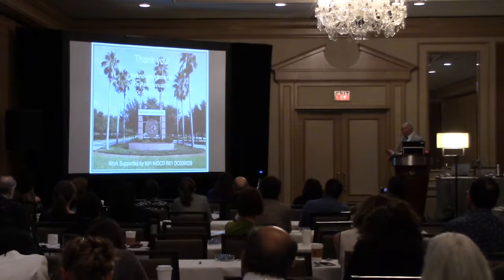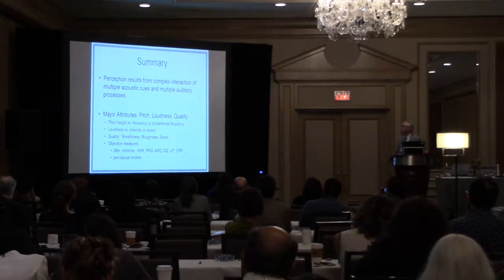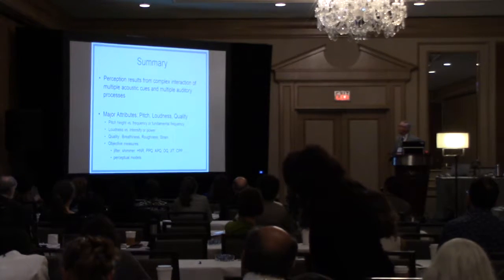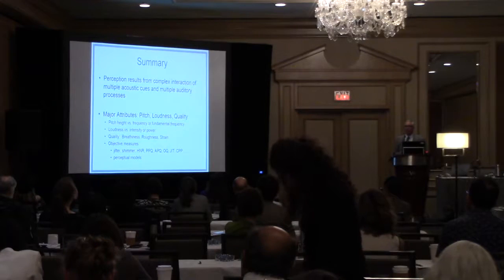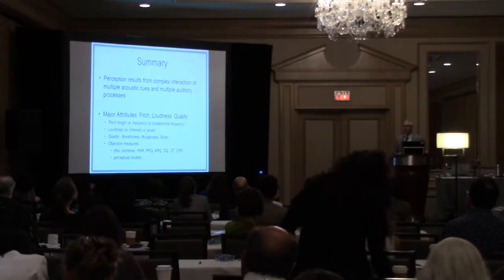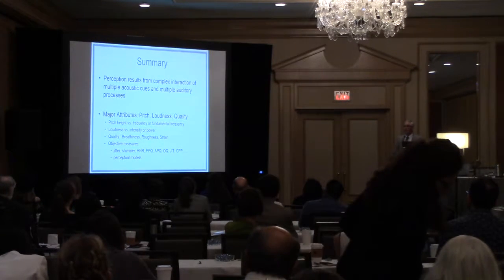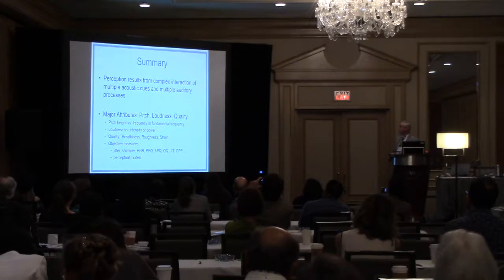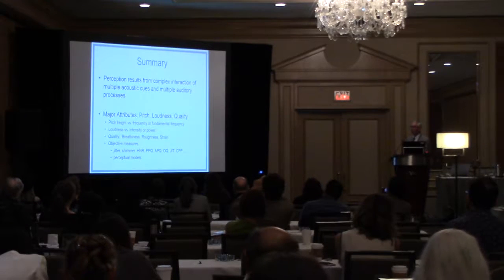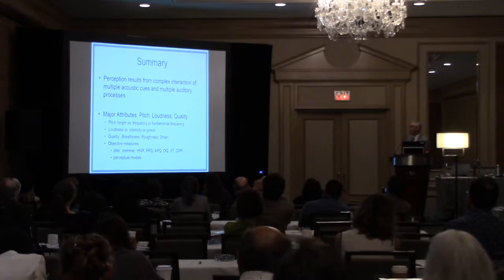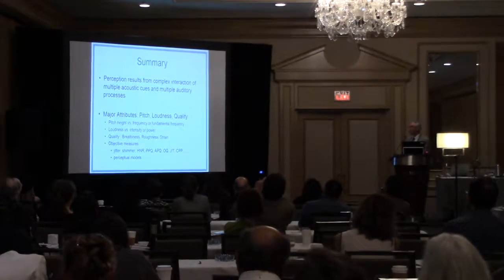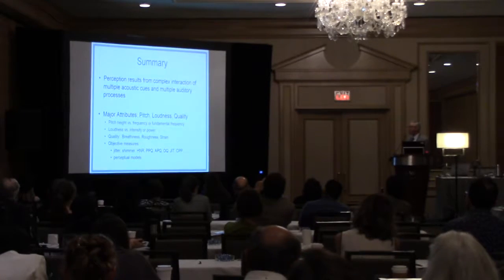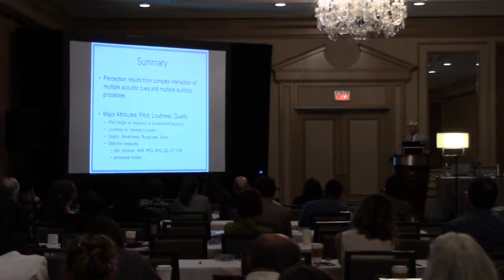And so to summarize, perception results from a very complex interaction of multiple acoustic cues and multiple auditory processes. It's not simple, it's pretty complex. The major attributes of the sound are pitch, loudness, and quality, where quality is breathiness, roughness, and strain for voice, but tonality, roughness, and sharpness for sounds in general.